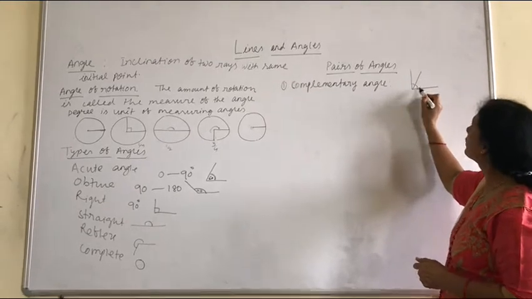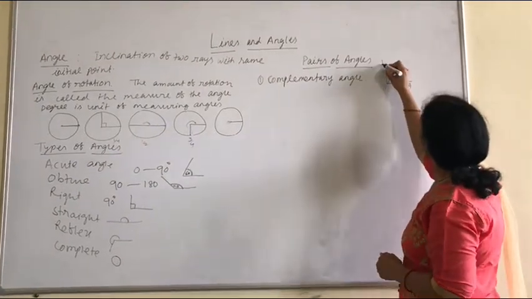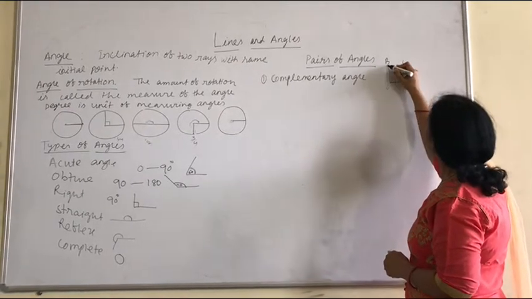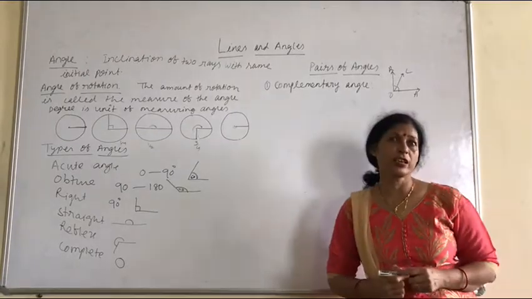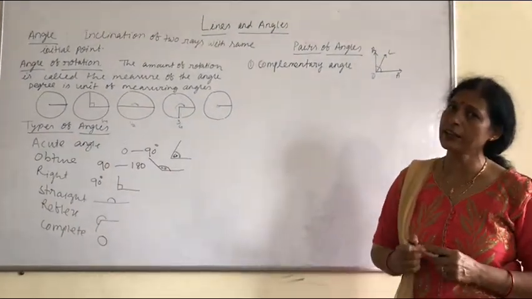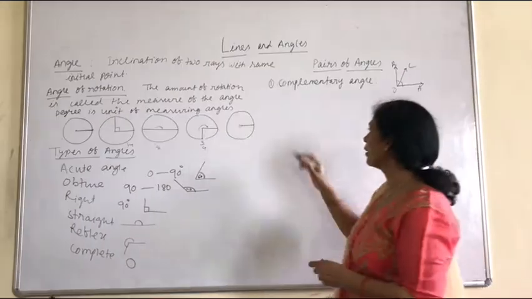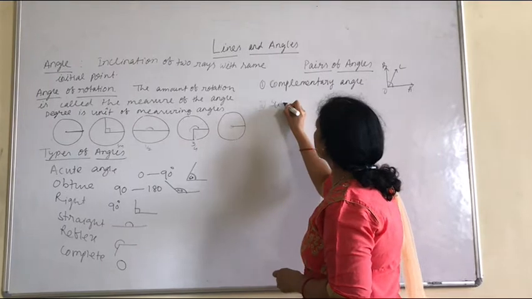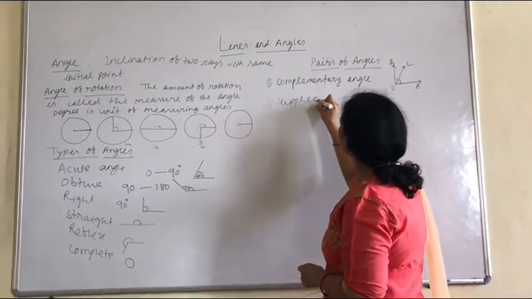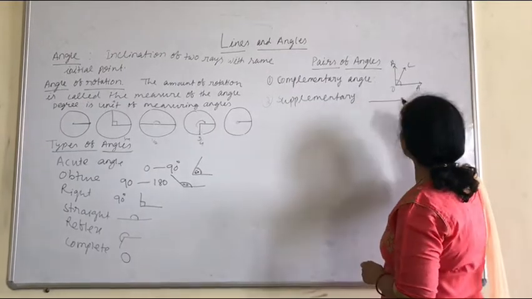Suppose these two angles, BOC and AOC, if their sum is your 90 degree, then they are said to be complementary. You have to write the definition. Then number 2, your supplementary. Supplementary angle.